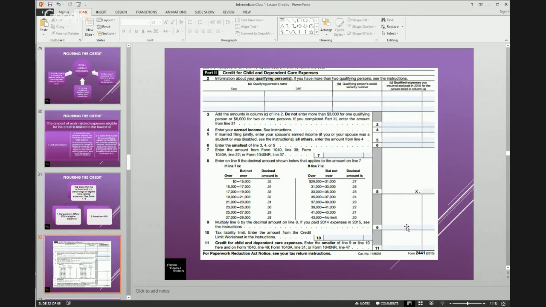So this is actually an excerpt from Form 2441, and here it shows you if the adjusted gross income is between 0 and 15,000, you would be eligible for 35% of the approved expenses for the credit. And then if it's over 43,000 and up, it would be 20%.